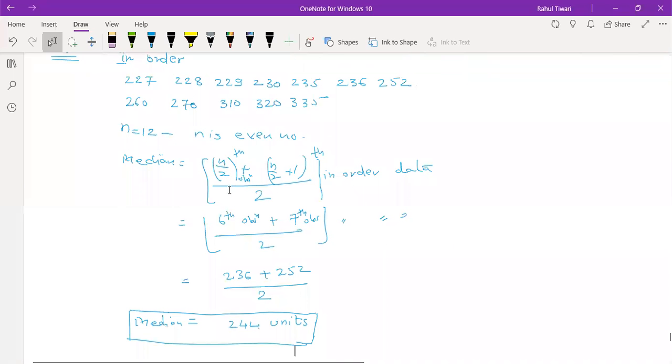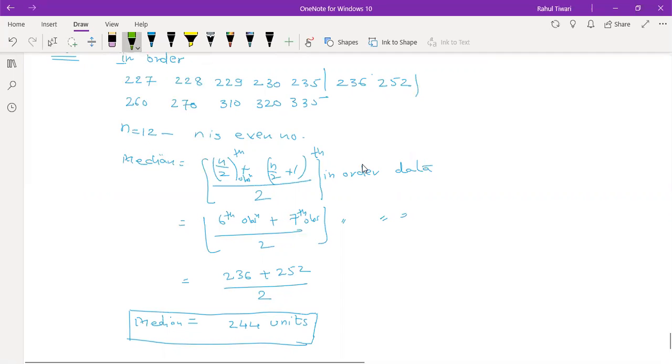But if you see the shortcut method, it's to divide the data into equal parts. So if I have 12 observations and I leave 5 from here, can you see this? 1, 2, 3, 4, 5. 5 from here and 5 from here. So I will get these two observations.